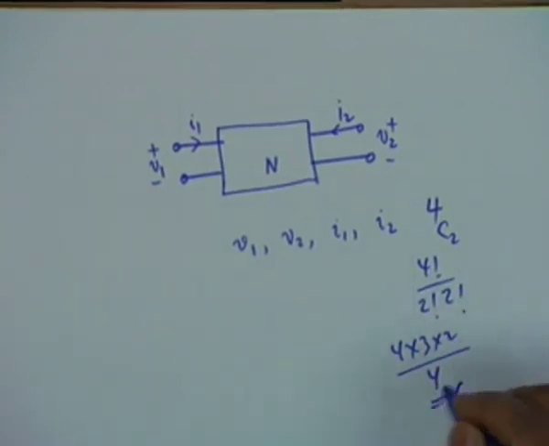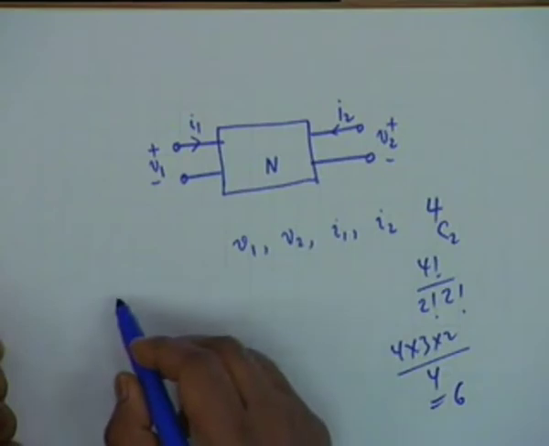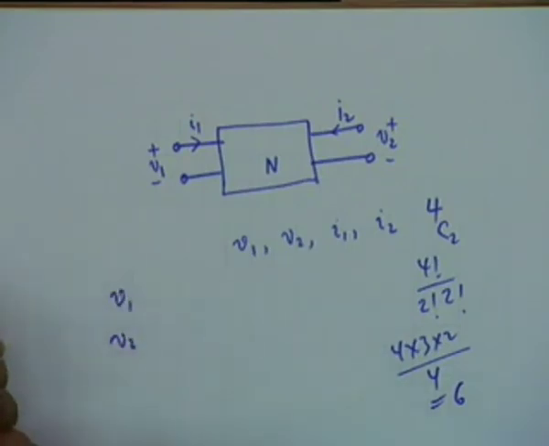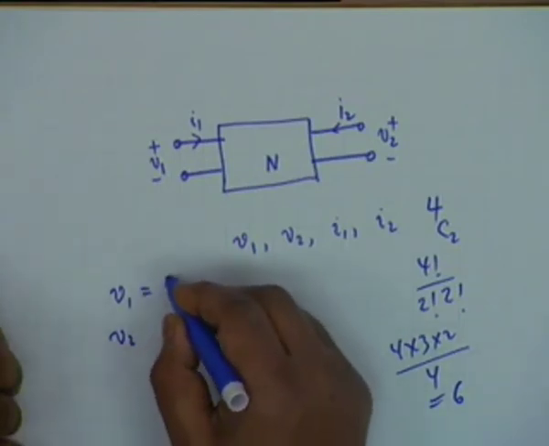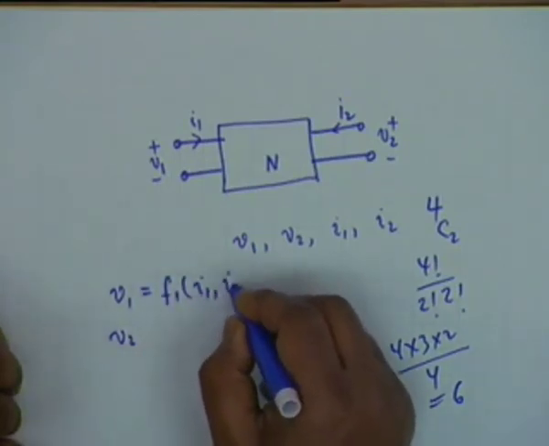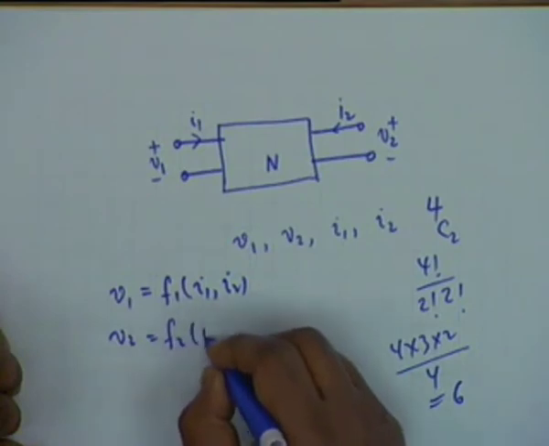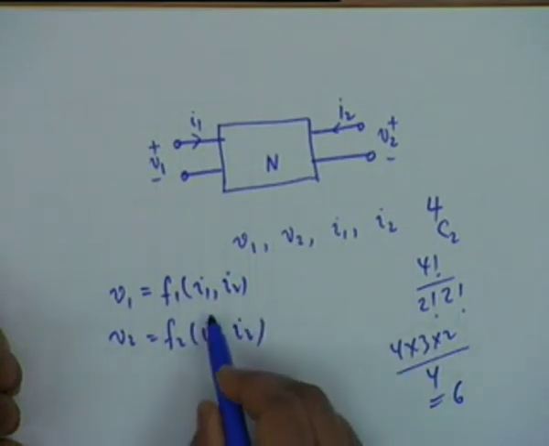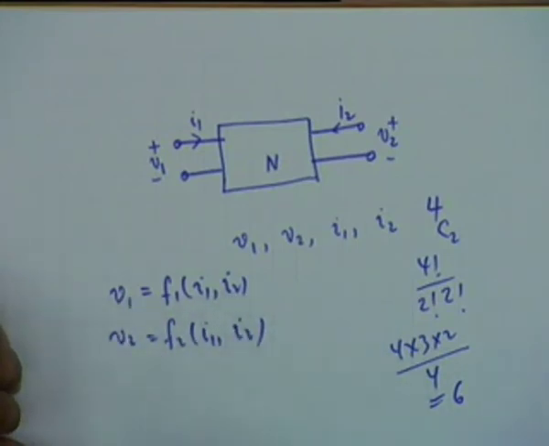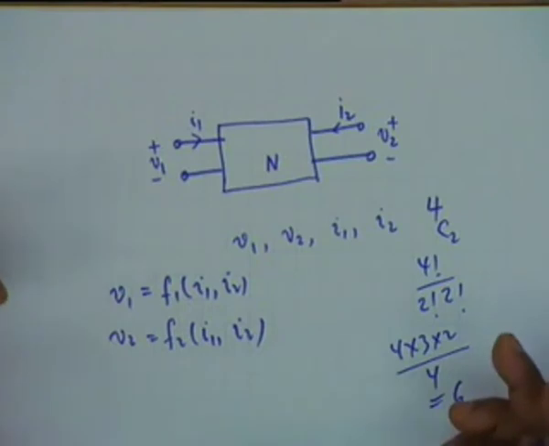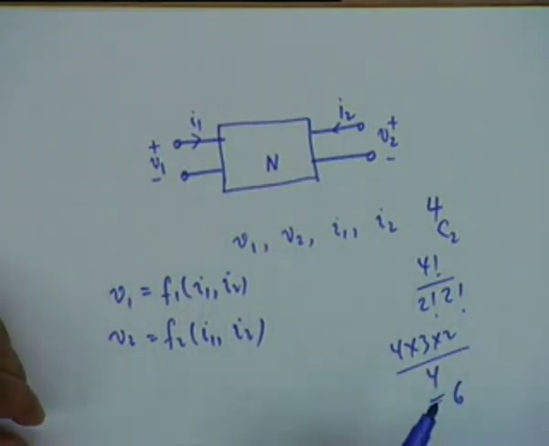Now, 6 ways means what? V1 and V2 can be a set of dependent variables: V1 can be F1 of I1, I2, and V2 can be F2 of I1, I2. These are independent variables, I1 and I2, and V1 and V2 are dependent variables. Or you can write I1 and I2 in terms of V1 and V2, two voltage sources, and then you find the dependent currents.